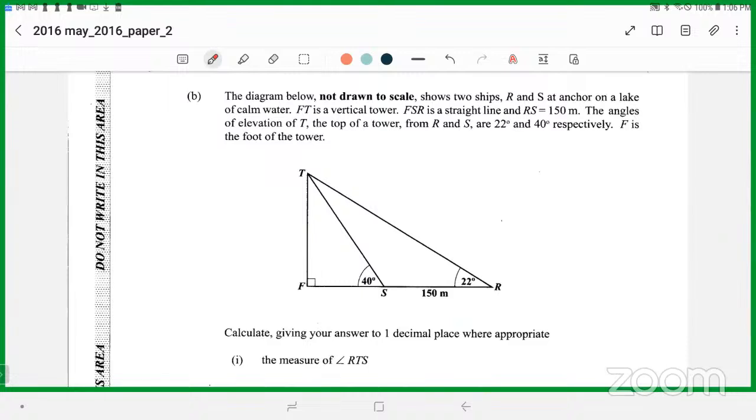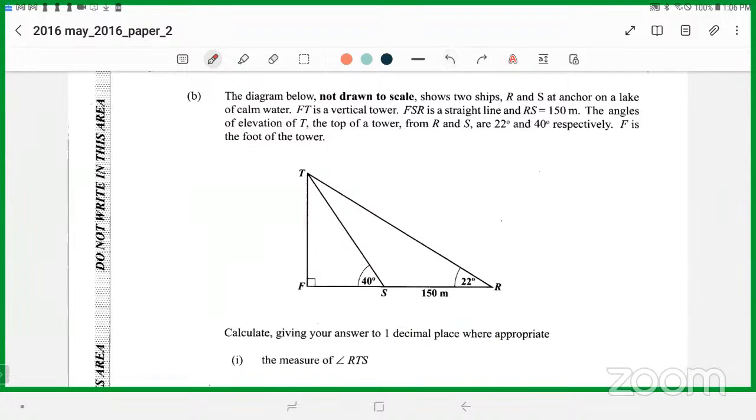All right, so the question said the diagram below, not drawn to scale, shows two ships, R and S, at anchor on a lake. So on calm waters, they're not moving, all right? So this is like on a lake.